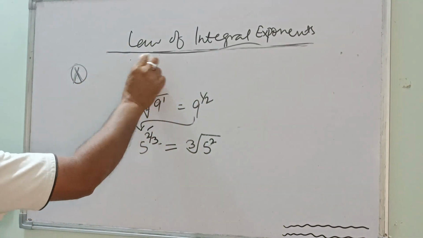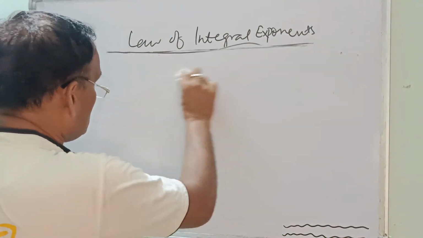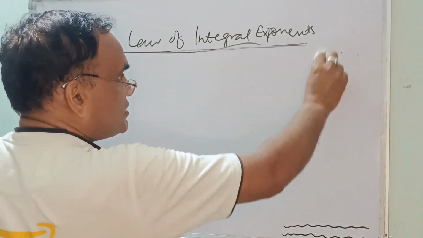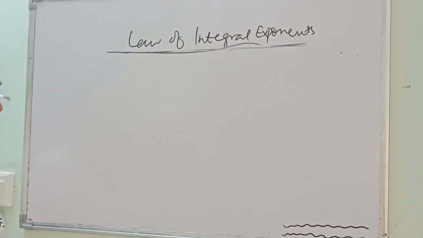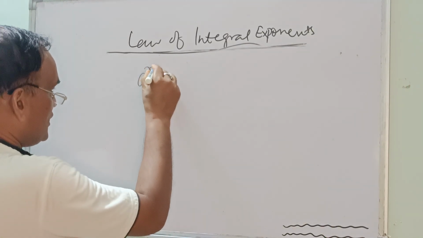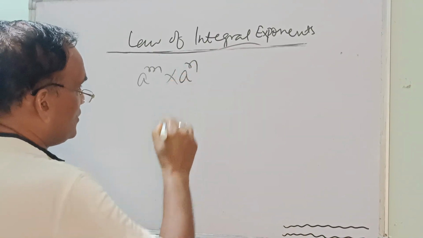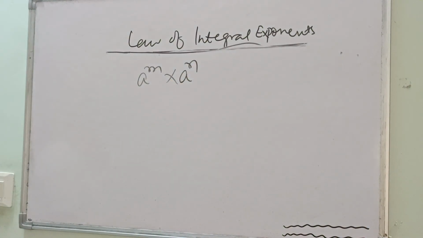Just remember this, because we'll solve the questions using this law of integral exponents, and you will get some types of questions like this. Suppose a to the power m into b to the power m.